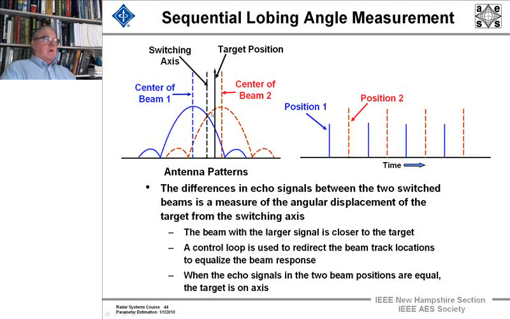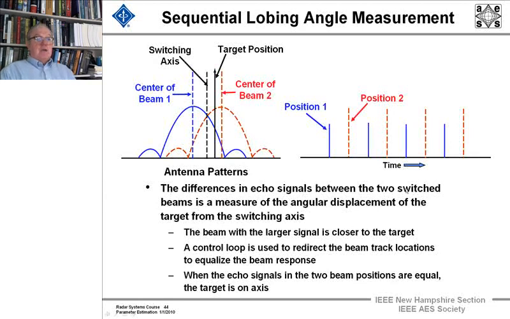Now, if this is the switching axis, at position 1 the target will have a lower value, and when the target position is on beam 2, we'll have a higher value. And so as you go back and forth, you'll get different amplitudes because we're looking at different places in the gain pattern of the antenna.